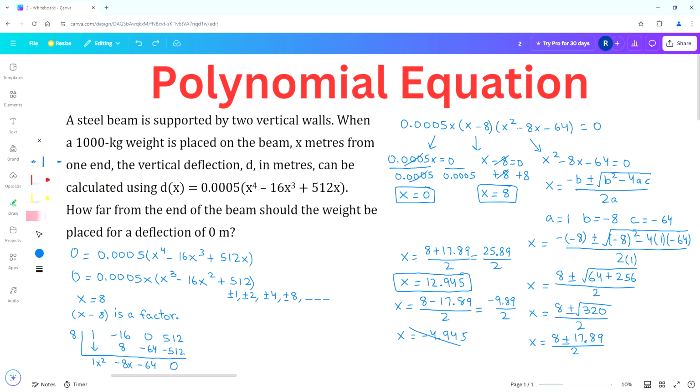Therefore, the weight should be placed at a distance of 0 meters or 8 meters or 12.945 meters for a deflection of 0 meters.